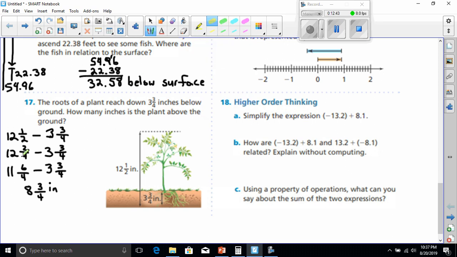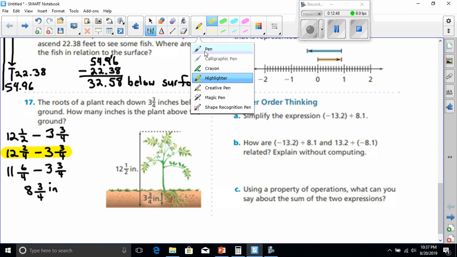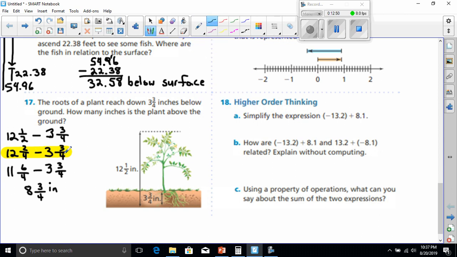If we were at this step here, we could go ahead and do it differently by saying, okay, I'm going to take 4 times 12 and add 2 to it, all right? And then I'll take 4 times 3 and add 3 to it. And once I have my improper fractions, I can go ahead and do subtraction and then turn them back into proper fractions. So let's try that.